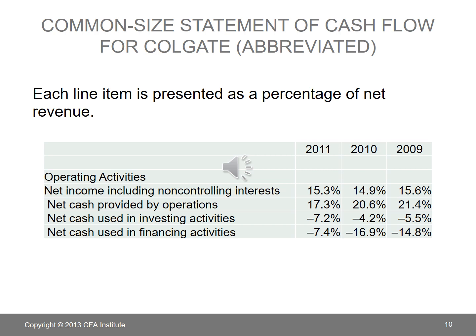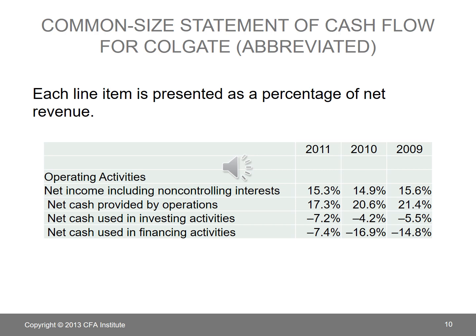You can see in this slide each category of Colgate's statements of cash flow presented as a percentage of net revenues. The operating cash flows are consistently close to 20% of net revenue, although 2011 is somewhat lower.